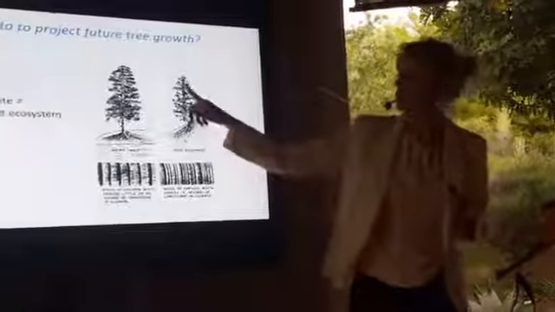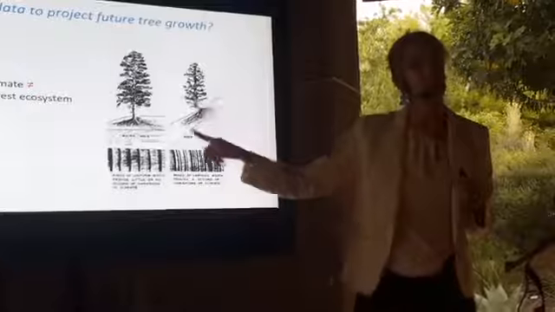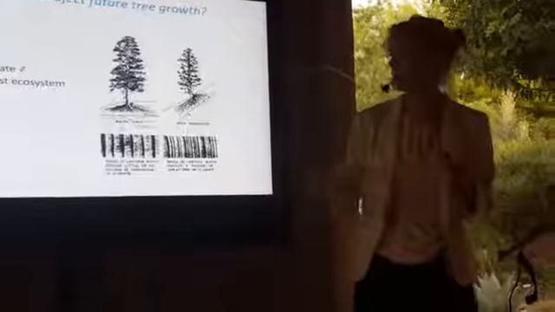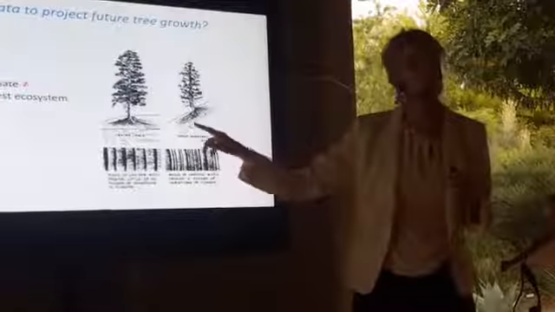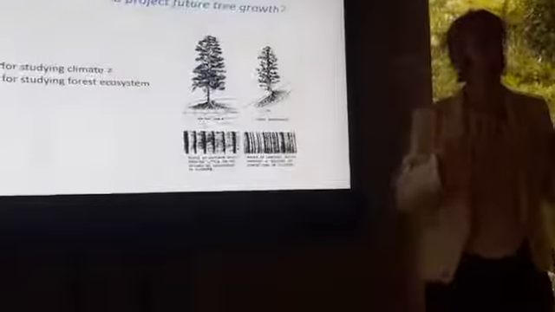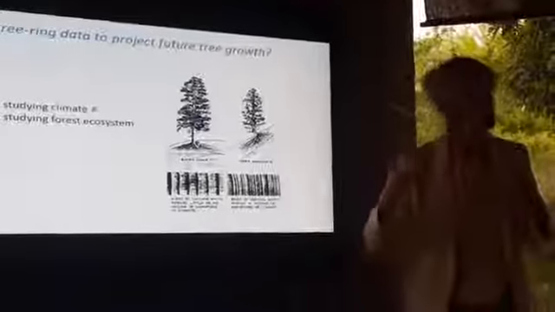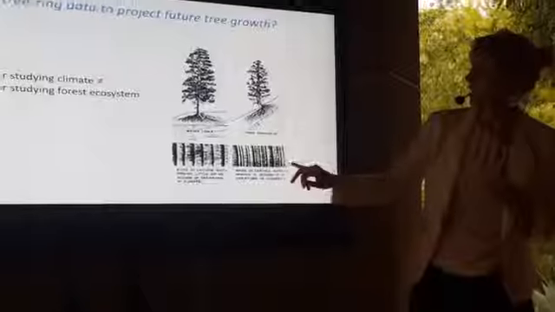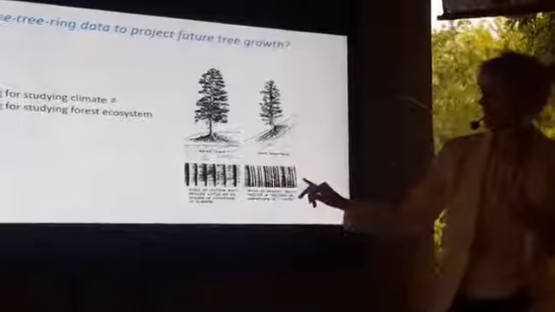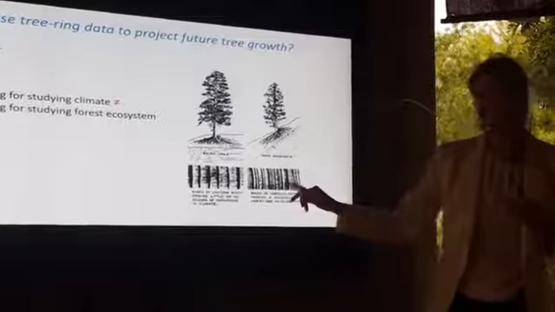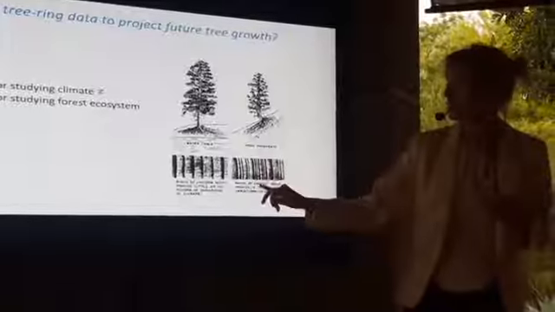And so they sample trees that look like this, that are on steep, rocky slopes, have little soil, not very much soil-water capacity to buffer those trees against the variation in drought stress from one year to the next. And the result is that you have this nice variability in the width of the rings from one year to the next.